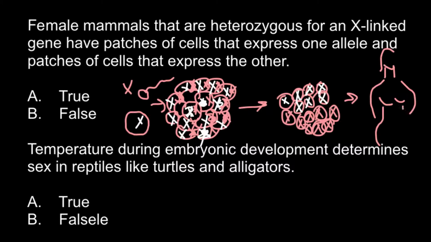and if we would be able to see, we would see that in some parts of the female body, one X chromosome would be active. In other parts, another X chromosome would be active. And what kind of significance does this information have?